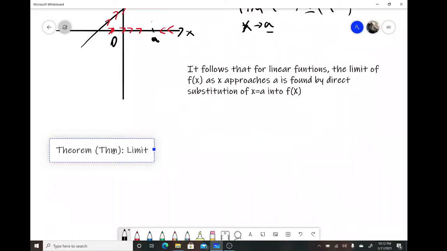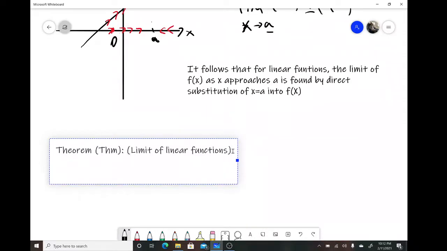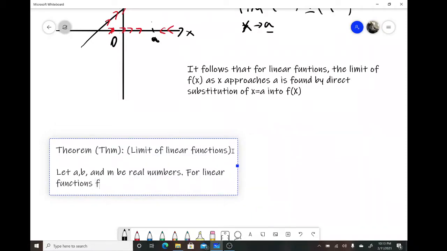So the limit of linear functions, that's what we'll call this theorem. It says the following. Let a, b, and m be real numbers. For linear functions f of x equals mx plus b, we have the following.